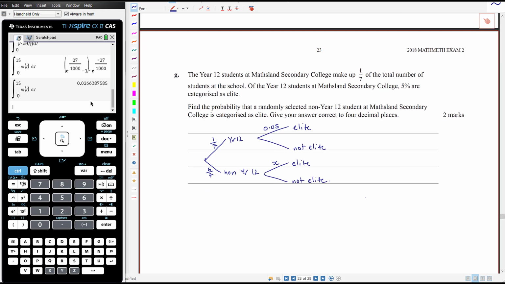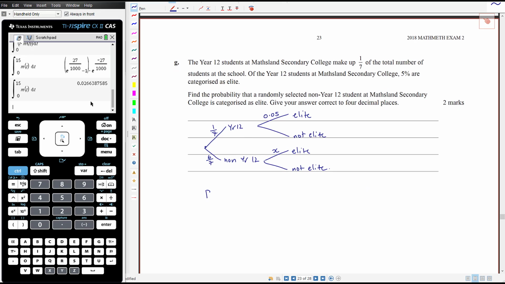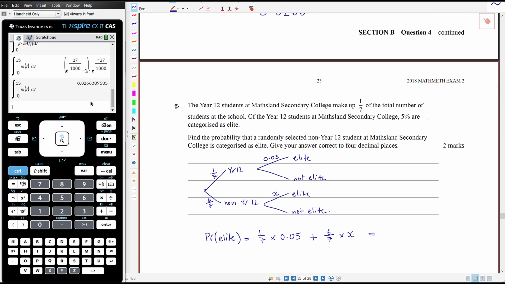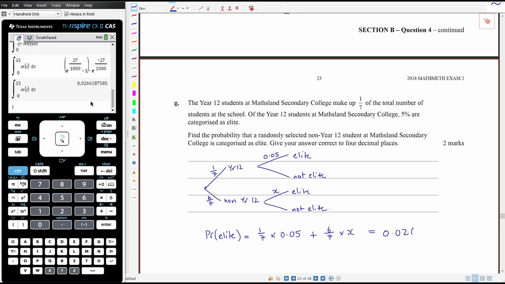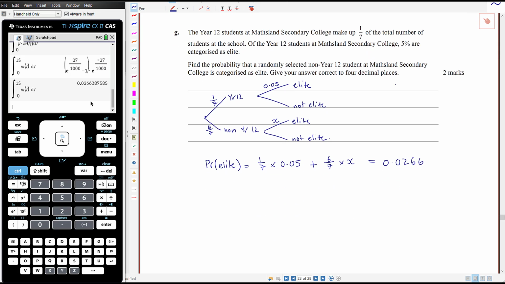Now we know the total probability that someone is elite. So the probability of being elite, if we look at the tree diagram, is 1/7 times 0.05 plus 6/7 times X. But we already know that that probability should be equal to 0.0266. So we want to solve that equation for X.